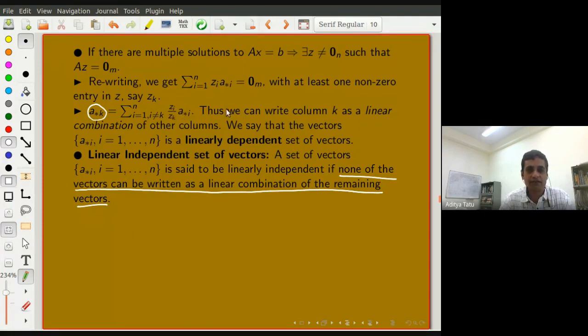That of course would be trivial, right? a*k is 1 times a*k. I cannot use the kth vector in order to obtain the kth vector itself, which is why the emphasis is on the remaining vectors. Is that clear?